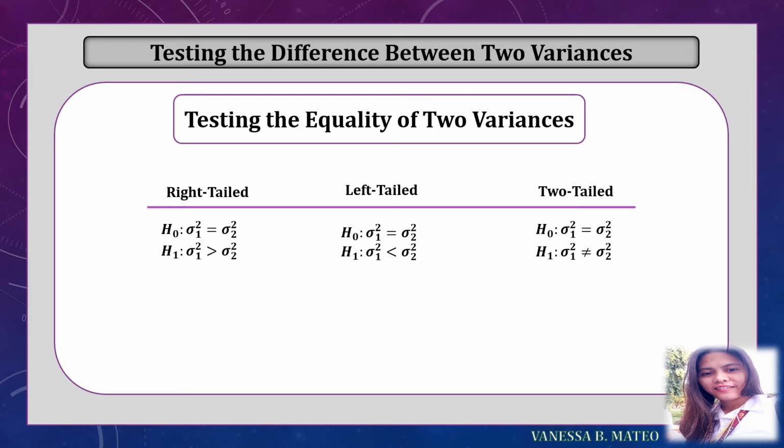Sa left-tailed naman, we have the null hypothesis as the population variance 1 is equal to population variance 2, and yung alternative hypothesis will be population variance 1 is less than the population variance 2. And lastly, sa two-tailed, ang null hypothesis will be same as the population variance 1 is equal to population variance 2, and the alternative hypothesis will be the population variance 1 is not equal to population variance 2.